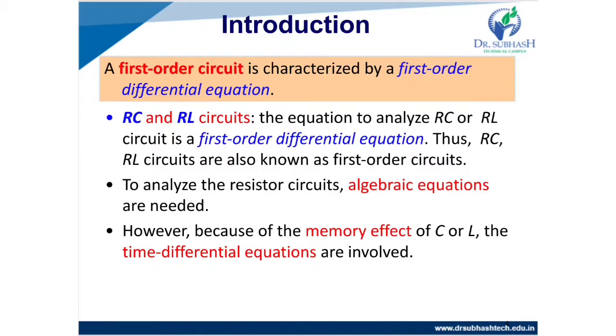To analyze a resistor circuit, algebraic equations are needed. However, because of the memory effect of capacitor and inductor, meaning they store energy, the capacitor stores static energy in the form of voltage and the inductor stores magnetic energy in the form of current. So time differential equations are involved.